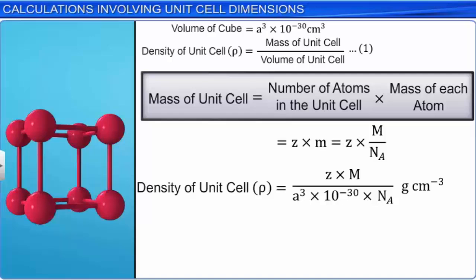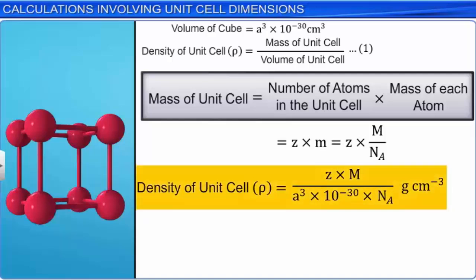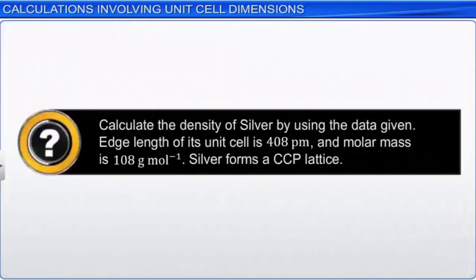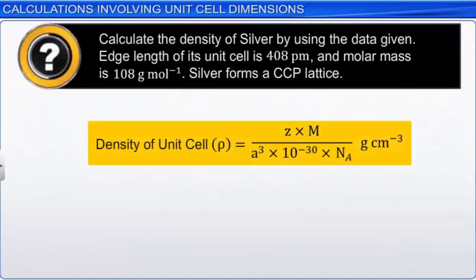Let's work out a problem based on this concept. Calculate the density of silver by using the data given. The edge length of its unit cell is 408 picometers and molar mass is 108 grams per mole. Silver forms a CCP lattice. You know that ρ is equal to Z into M upon A cube into 10 to the power minus 30 into Avogadro's number grams per cubic centimeter.